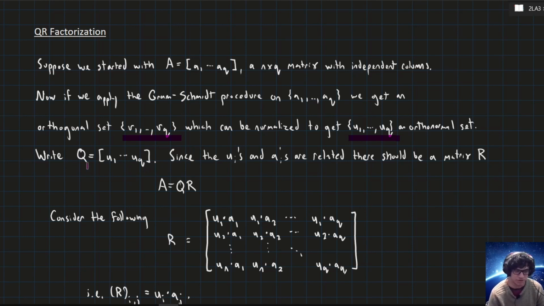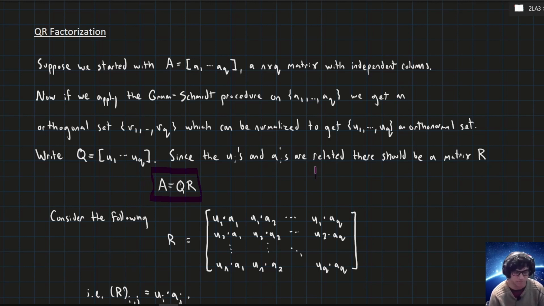Now I form a matrix Q out of that orthonormal set. Since the U's and the A's are related, there should be a matrix which connects these two A and Q matrices. So there should be some matrix R which satisfies this.